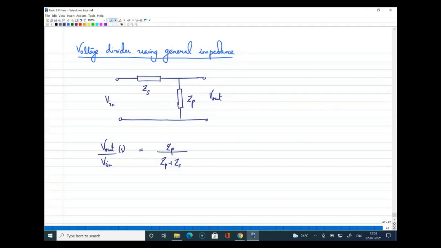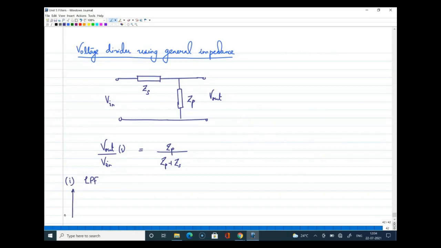Now what we will see is directly from this, and later we will place certain elements to generate ZS and ZP a little later, right? So now the first question: to have a low pass filter response. What is a low pass filter response?